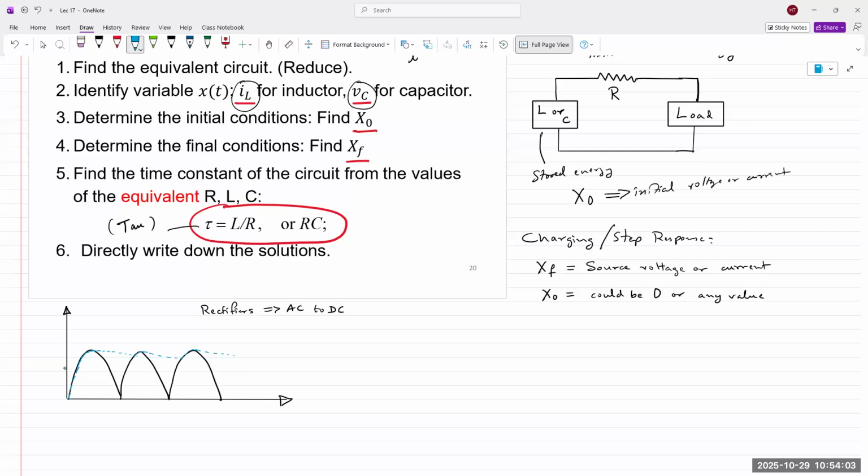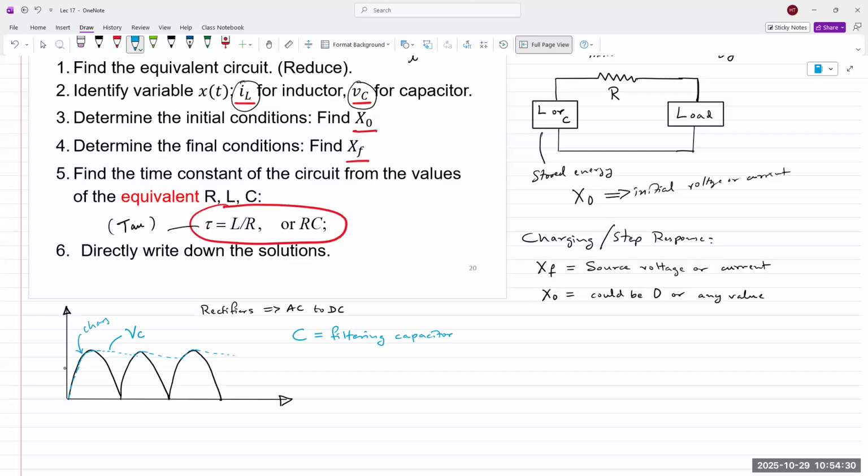So there's a charging and discharging in the capacitor going on, right? So this is VC, capacitor voltage VC. And this is known as the filtering capacitor.